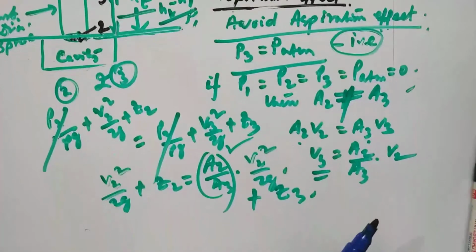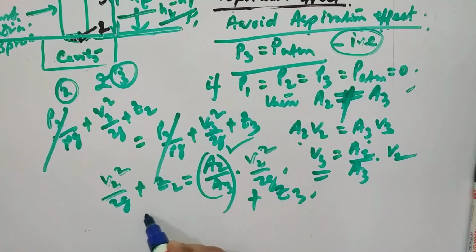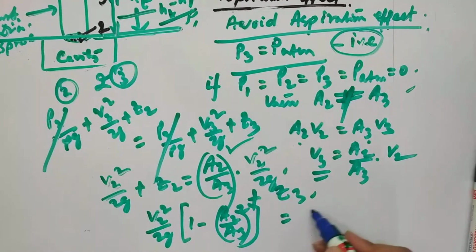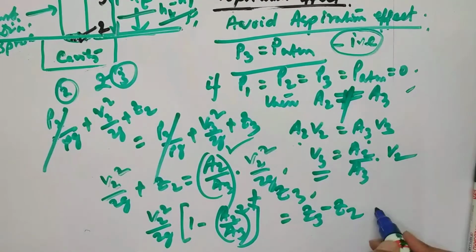Now taking V2 square by 2g common, we have 1 minus A2 by A3, that square, and that should be equal to Z3 minus Z2.